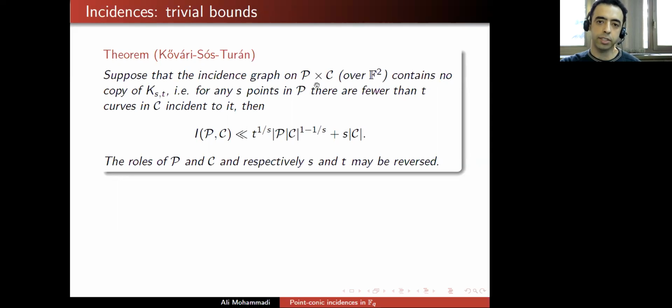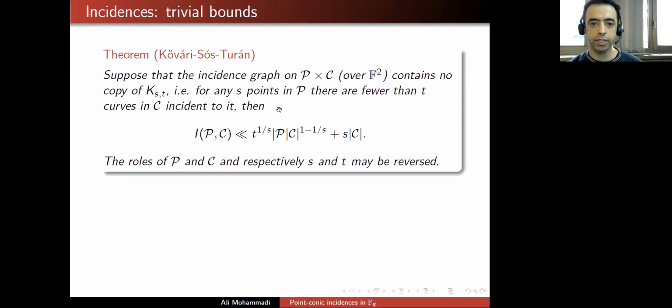If you consider the incidence graph of P and C, so it's a bipartite graph, and there is an edge if there is an incidence between p and C. If this doesn't contain a copy of the complete bipartite graph K_{s,t}, as in for any s points in P, there are fewer than t curves in C incident to it, then you have such a bound. And like I said, it just uses combinatorial facts. And it's not quite trivial, but it's generally referred to as a trivial bound.